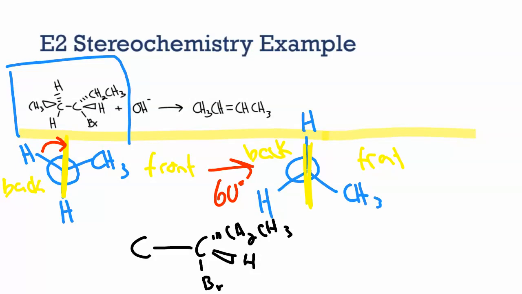But now I have my hydrogen up and in the plane, so now I have anti-coplanar. My hydrogen that was in the plane is now back in the back, and the methyl group is now down in the front. Does that clear things up at all? I don't know if you guys will have trouble with this, but I thought it was very confusing when I was in organic.